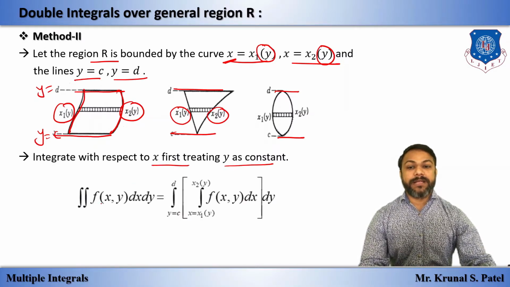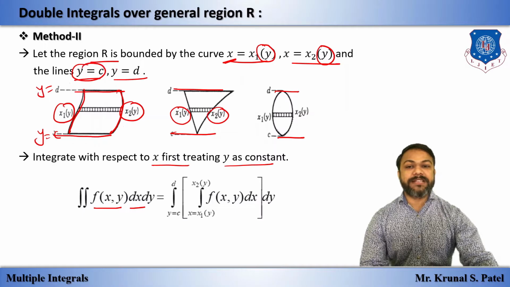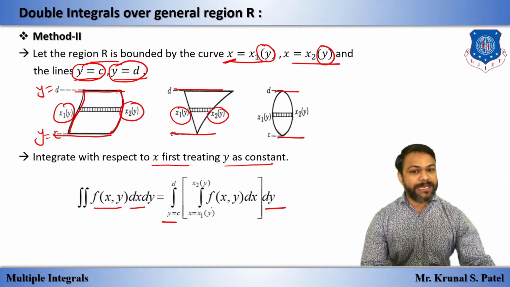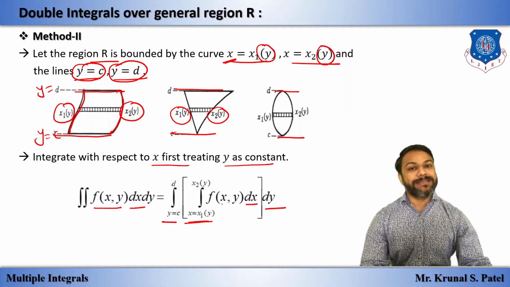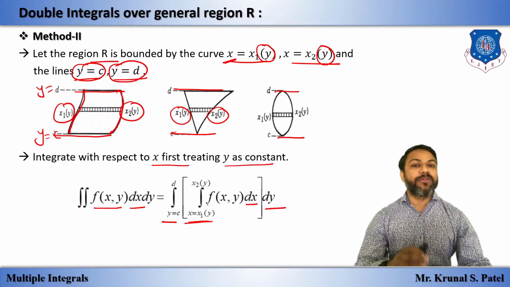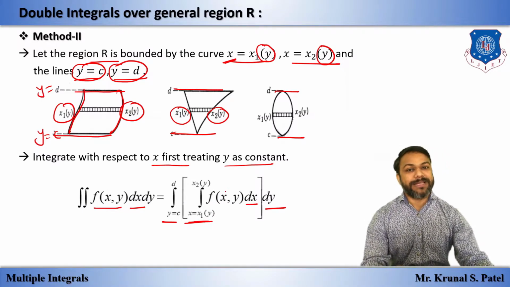So we can write the double integration of f of x comma y dx dy, with the line y from c to d. The outer limit is constant, so y with dy outside, and inside is the limit of x in the form of y, so dx inside. Simple, you have to remember this thing.